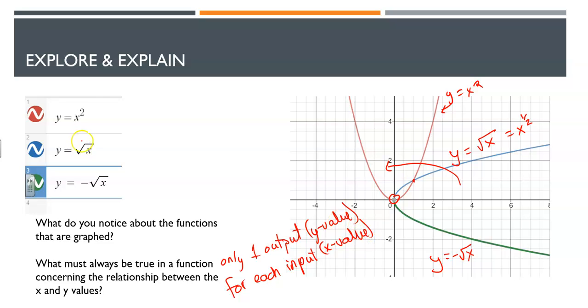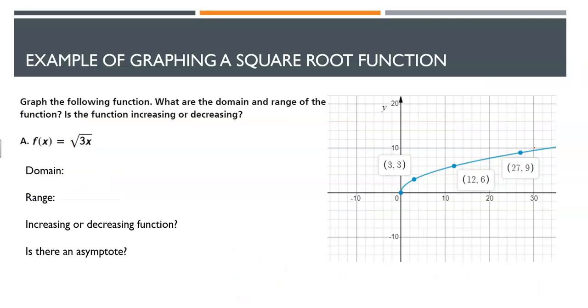That's why when we look at this one, when we do y equals the square root, we're only looking at the positive. Because if we looked at the positive and the negative, then we wouldn't have a function anymore. Remember the vertical line test? It intersects twice if we put those two together, if we did the positive and the negative. So that's why when we do the square root, we're only doing the positives of that.